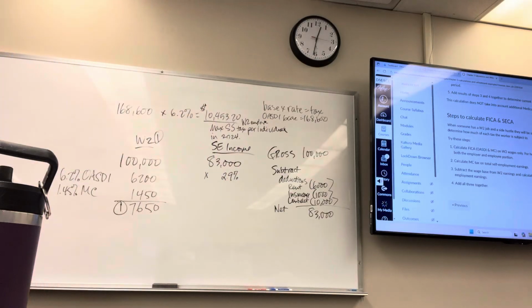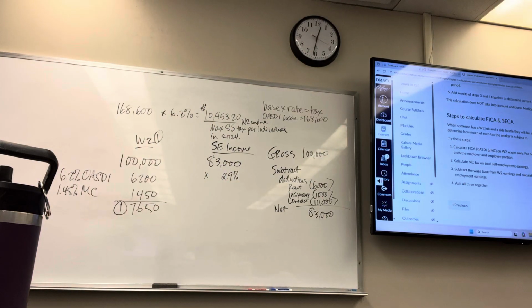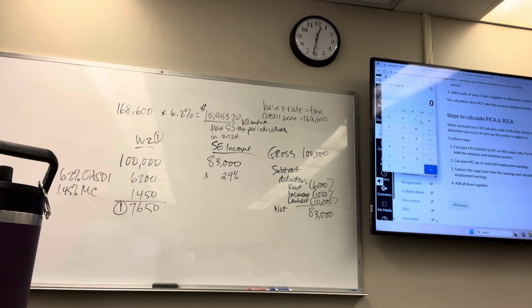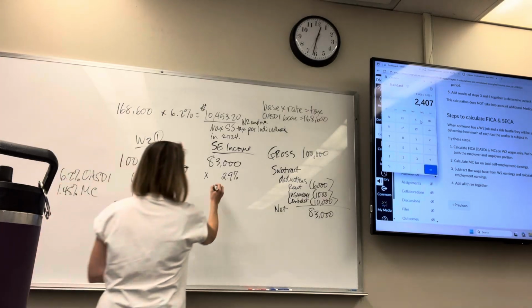Okay, calculate the Medicare tax. Remember that tax rate is double what it is for when you're an employee. So 83,000 gives 2407.